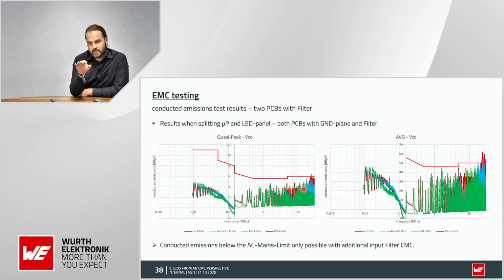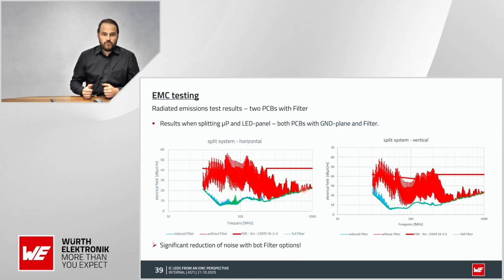Nevertheless, the results in the conducted range are not that perfect when we are using filter components instead of the shield. Of course, the frequency range of these components is higher than 10 megahertz, which means we don't have that big an influence in the lower frequency range. On the other side, our AC to DC power supply will filter in this lower frequency range the differential mode noise, but also the common mode noise, in a better way.